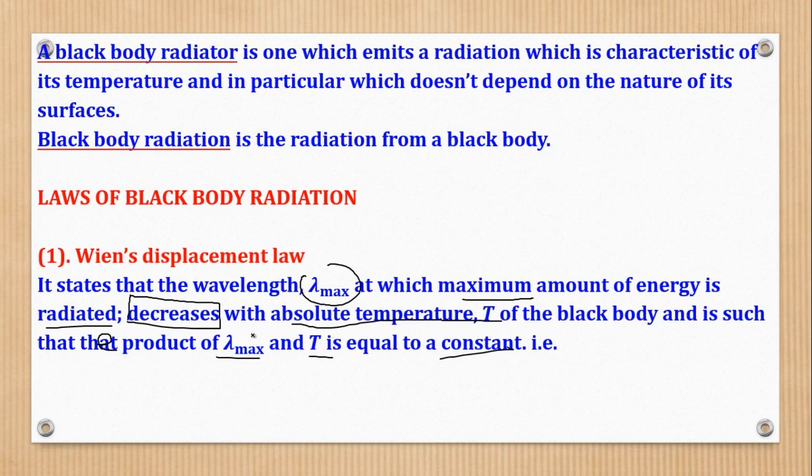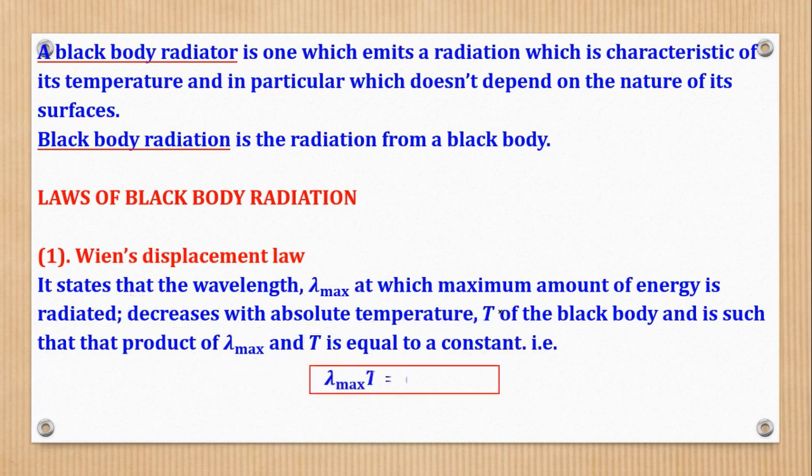That means that the maximum wavelength times the absolute temperature, when you multiply the two, will be equal to a constant. And that constant is what we call Wien's constant.